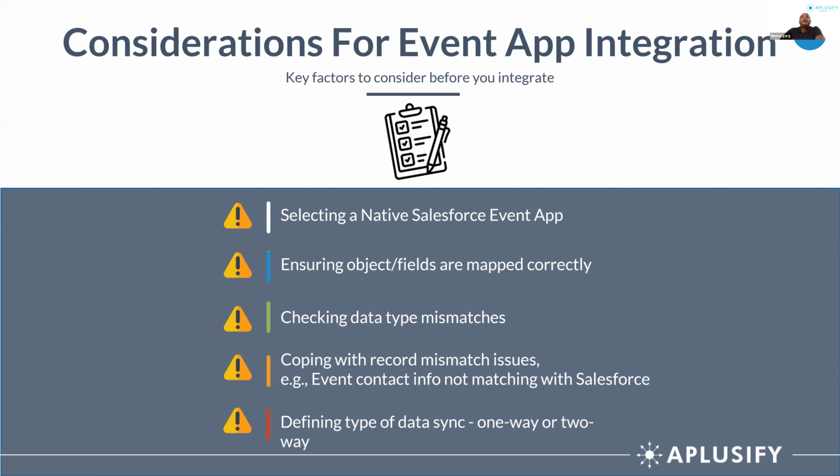I think one great example is if you ever did a name badge for an event and you print the name badge based off of what the user entered in registration, and they make a typo. If that was a one-way sync, and you don't integrate it back into Salesforce, that's great news, because that user error doesn't get put back into your Salesforce.